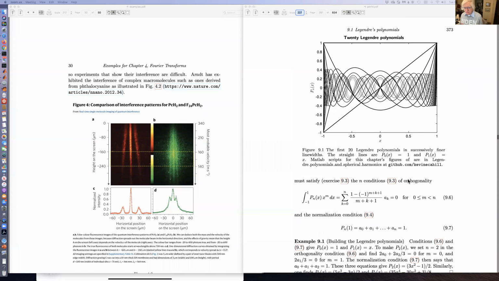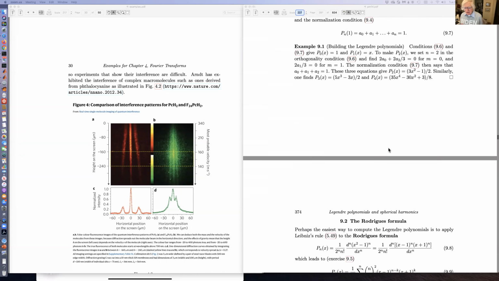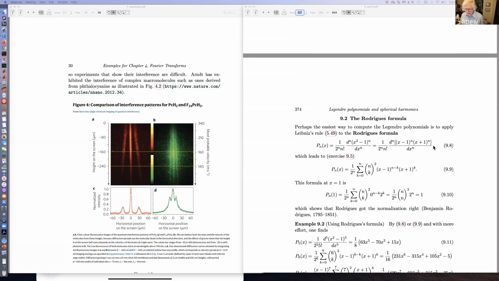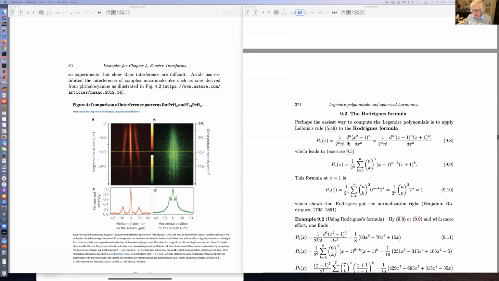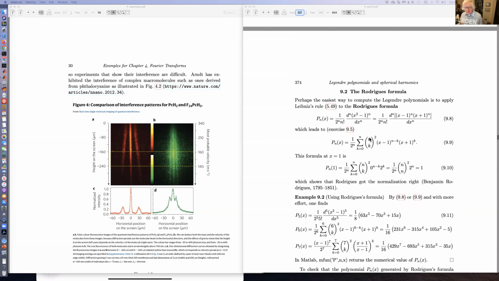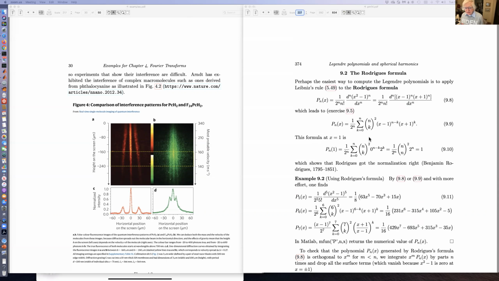And that gives you the Legendre polynomials. Here are the first 20. They're bounded by 1 in absolute value. Rodrigues developed a very nice formula for them, namely the nth derivative of x squared minus 1, to the n. And you can then get a nice formula for them in terms of squared binomial coefficients.